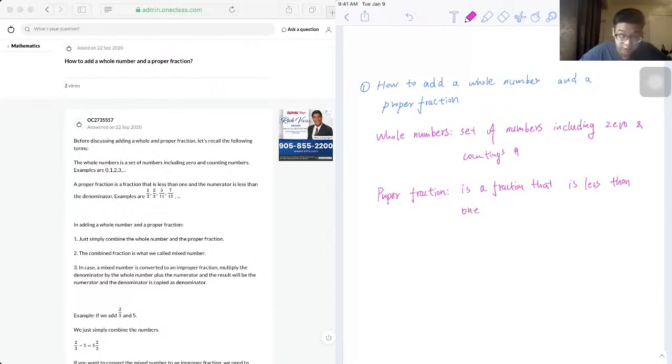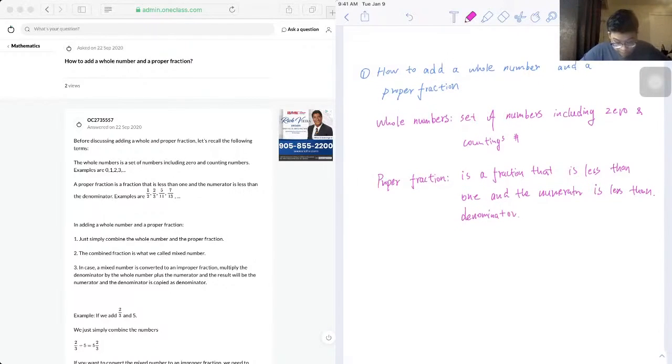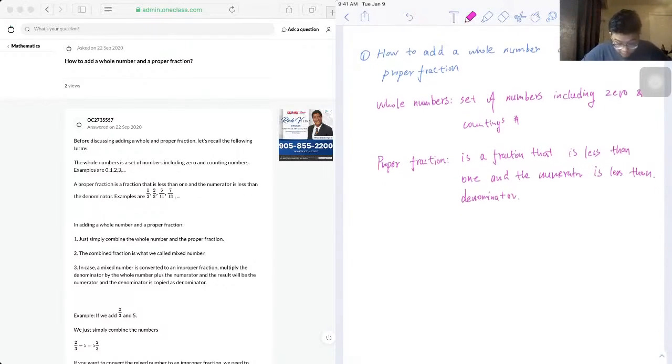That will be the first condition, and the numerator is less than the denominator. So a proper fraction has two conditions. First, it has to be less than 1, and also the numerator has to be less than the denominator. In other words, the top number has to be smaller than the bottom number.